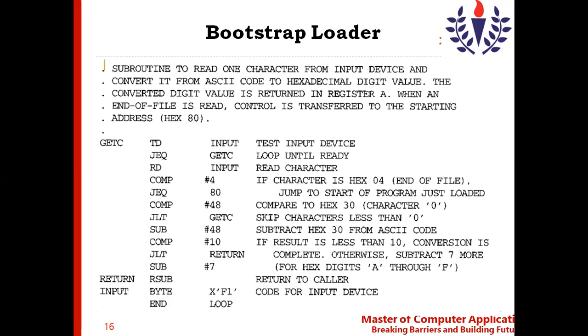Once it reaches the end of the file, the jump instruction is used again to jump to location 80, which is used to start the execution of the program. So this is how the Bootstrap loader is used to load the object program into the memory and start its execution. This is how it loads the operating system into the memory.